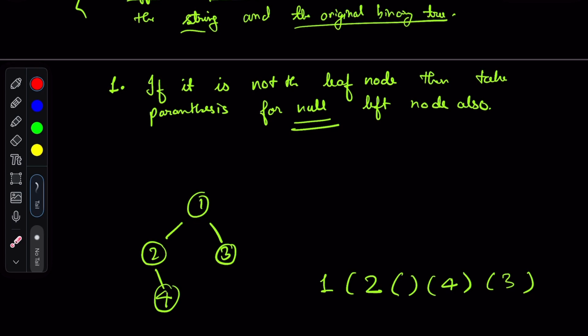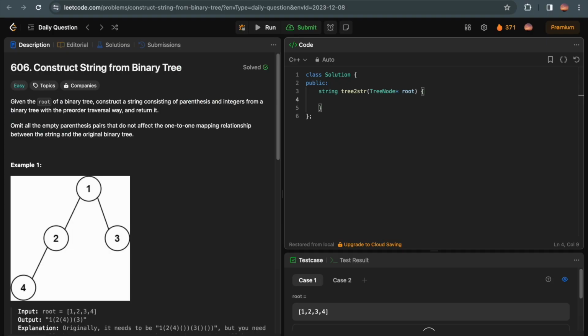Now let's quickly look at the code. By doing a pre-order traversal, let's create a function for pre-order. We will pass here node root.